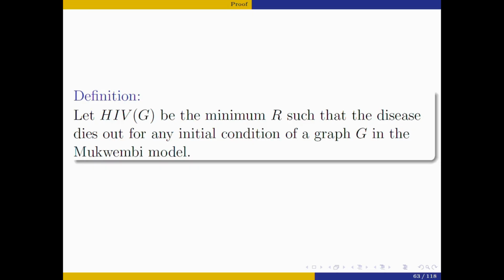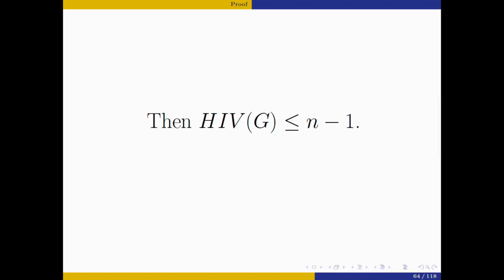We define HIV of G as the minimum R such that for any initial configuration the disease extinguishes in the Moncoin-Vince model. Therefore, HIV of G will be less than or equal to n-1.